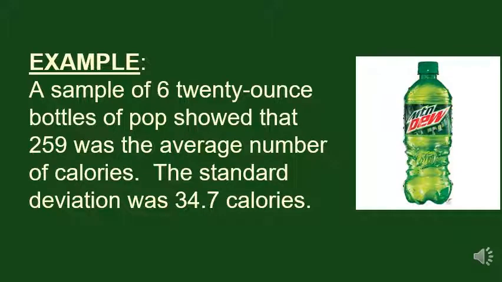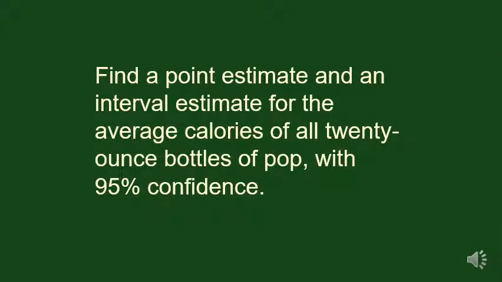The standard deviation was 34.7 calories. And what we're supposed to do is find a point estimate and an interval estimate for the average calories in 20-ounce bottles of pop with 95% confidence.